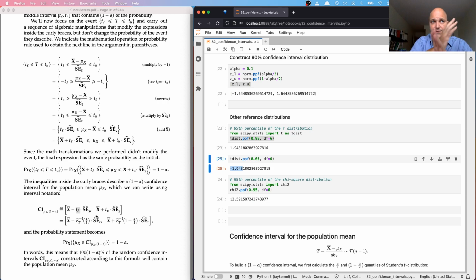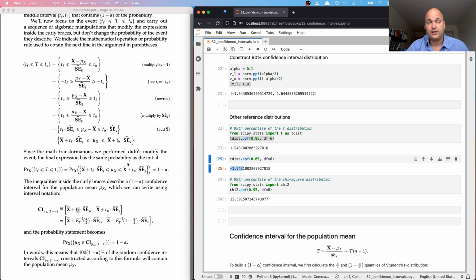If you go to the left of the sample mean by this many standard errors, and for the upper limit, you take the sample mean and you go a few standard errors to the right. So this interval, the way we constructed it, will contain 90% of the probability. Okay, so this is how we construct confidence intervals.